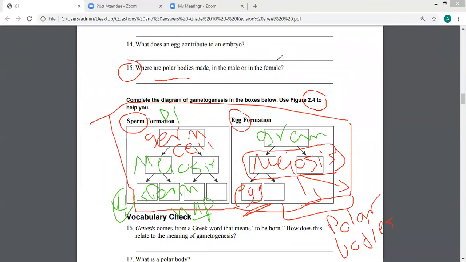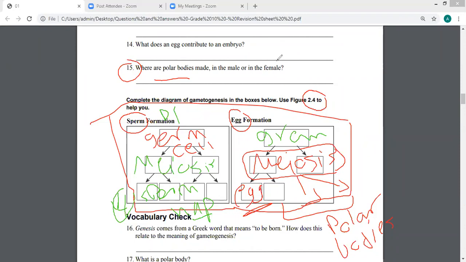Okay, guys, what are polar bodies? Polar bodies are produced by meiosis division for female, and are all the time broken down and contain a little amount of DNA.